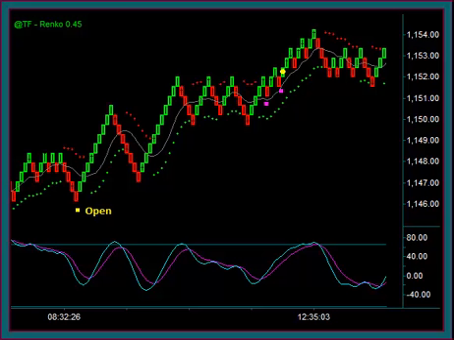Okay? So I'm going to suggest that the yellow dot is the only base setup for this entire day. And you can see after you go to the high and you reverse, do you see another one?